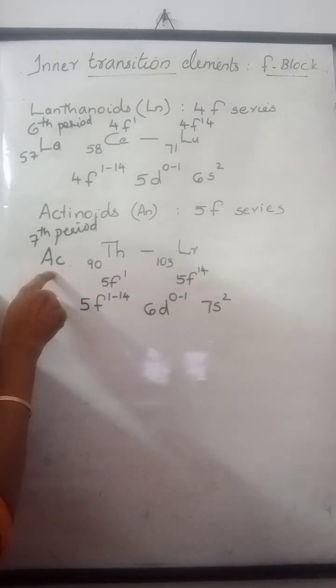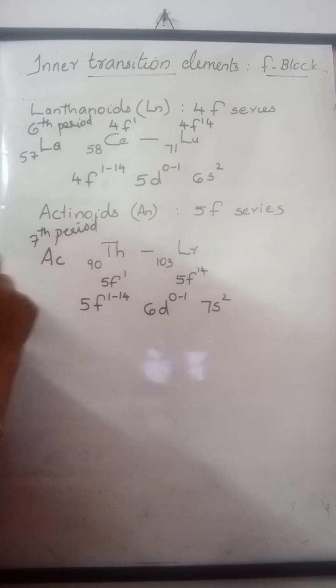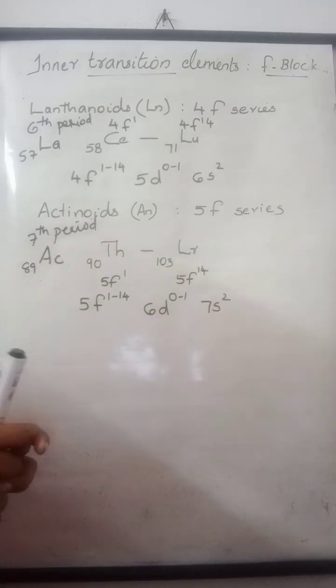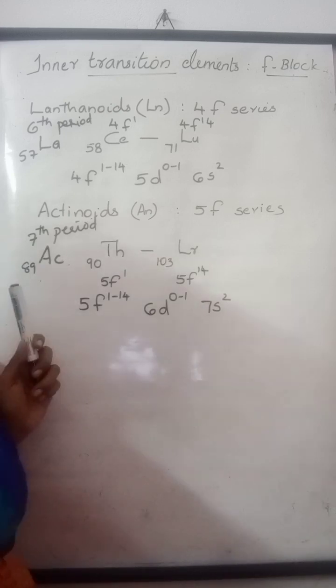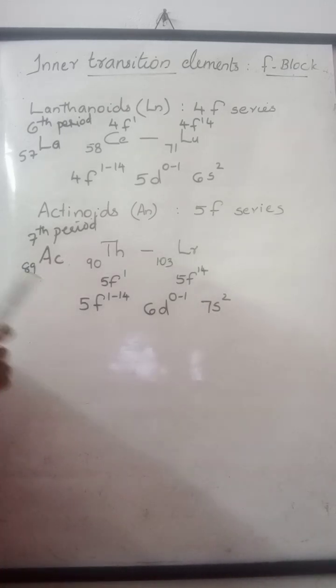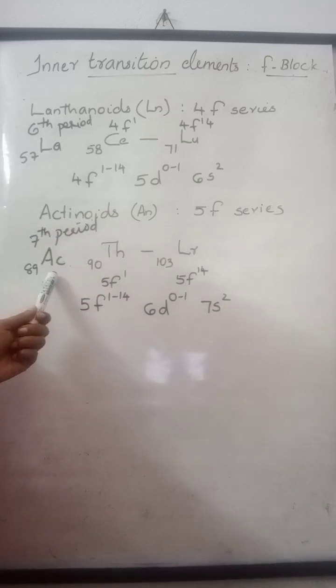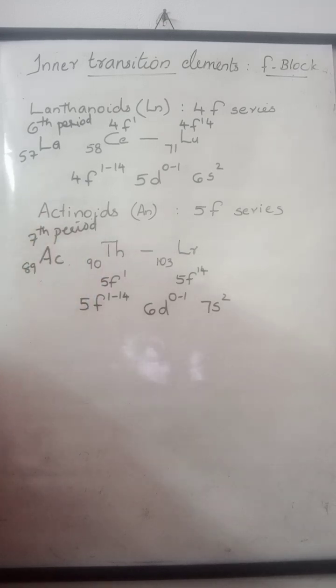They come after actinium, atomic number 89. That's why these elements are called actinoids. Actinium resembles the actinoids in its properties, so the chemistry of actinium is also studied along with the actinoids.